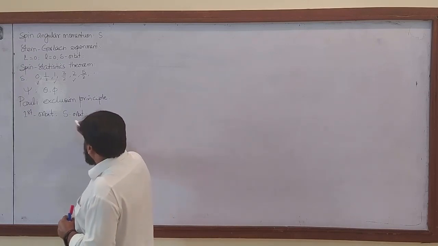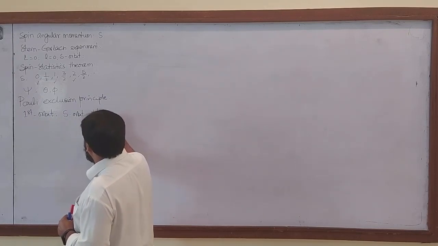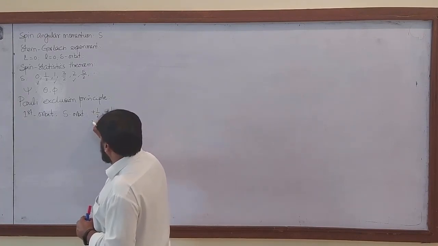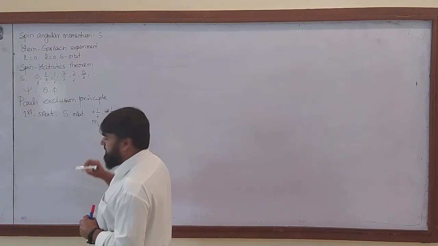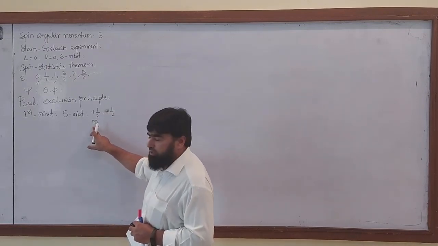But we say that one electron will be with plus half spin and the other electron will be with minus half spin. These we call MS, the spin quantum numbers.